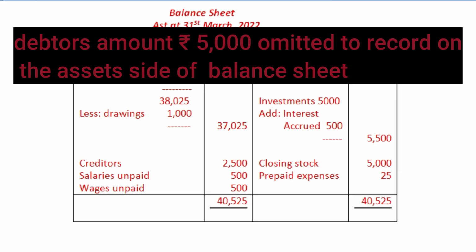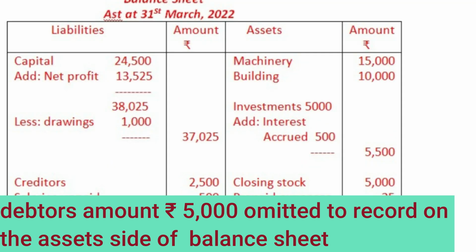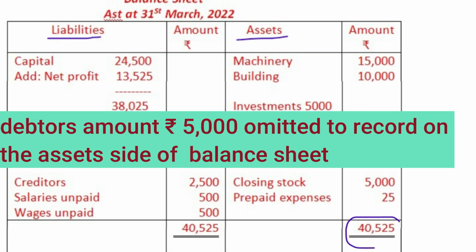In a very shortcut way, I have recorded this class. In my upcoming classes, I will discuss step by step, with more detailed discussions. On the liability side and asset side, the total of the asset side is 40,525, and the same amount is on the liability side.